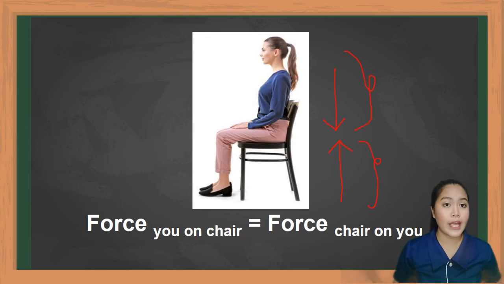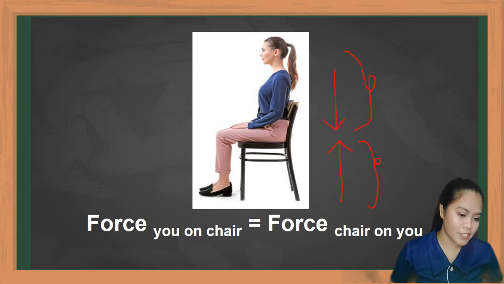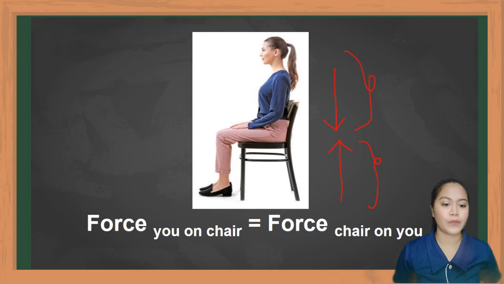the girl is exerting a downward force, which is equal to her weight. And at the same time, for the girl to be at rest and to not fall down, the chair exerts the equal amount of force that is being exerted by the girl.